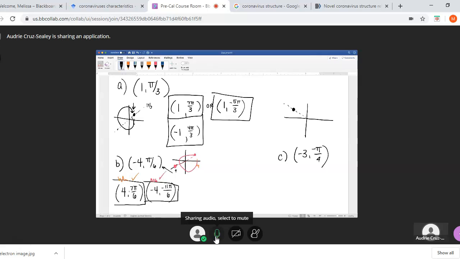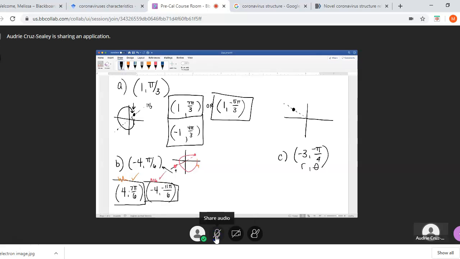Maybe we shouldn't say flip. Okay, hold on. Maybe this will help. This is the radius.